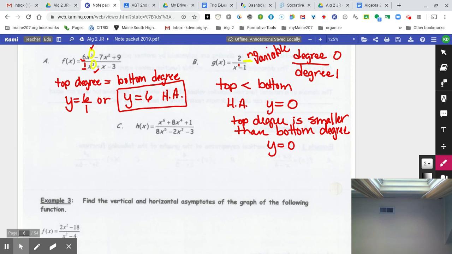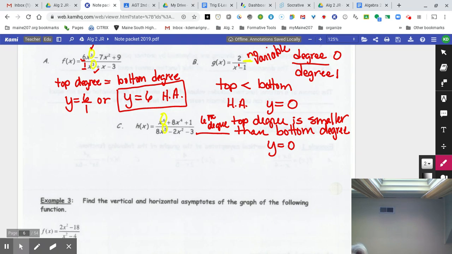Now this last one looks like it's going to be just a bear because everything is so long. But what I'm going to do is look at the degree. So this is a degree 6, and the bottom is degree 5.